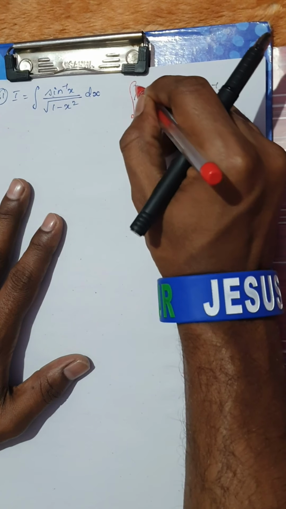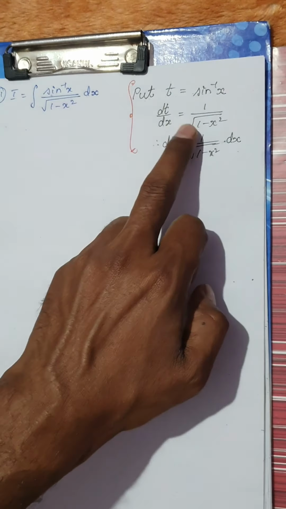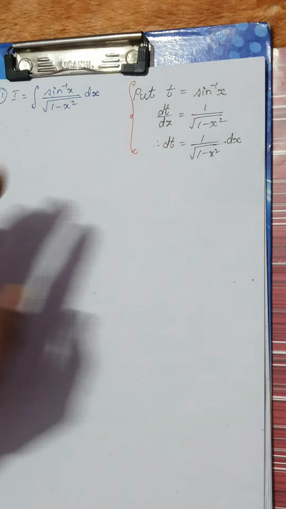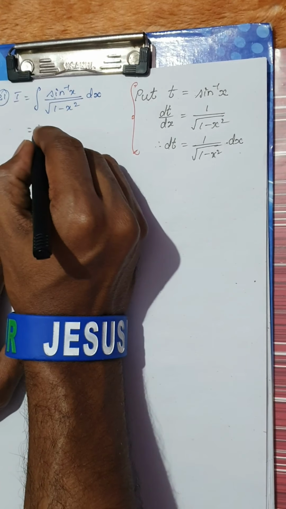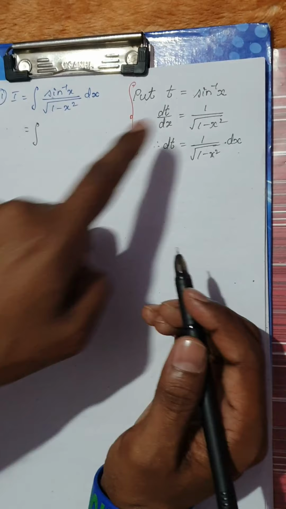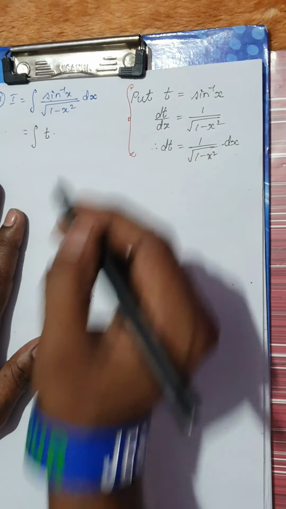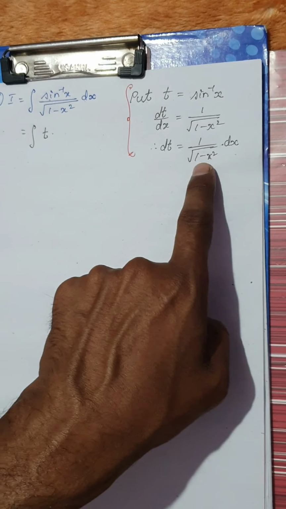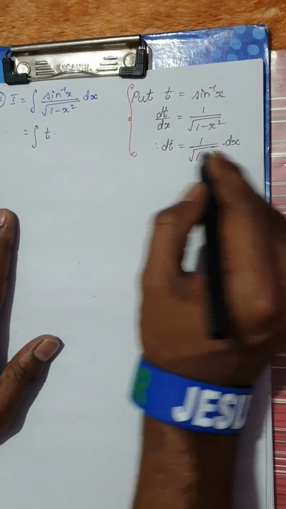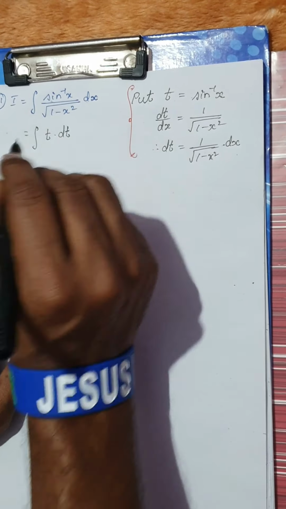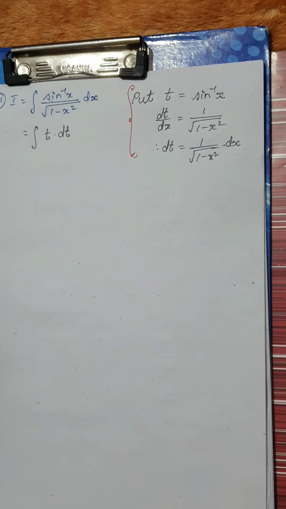So this is the substitution part. Again I am telling you, don't mix up the substitution part with the solution, let it be aside. So this is nothing but the integral of sine inverse x, which I will consider as t, and dx divided by root of 1 minus x square would be just dt.